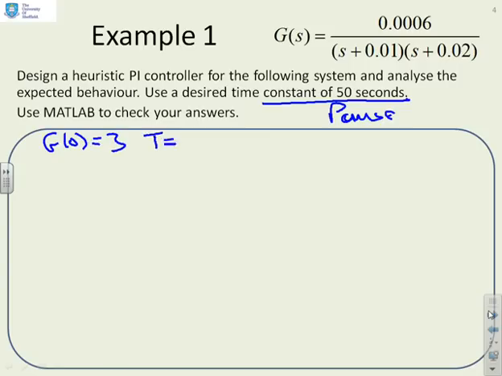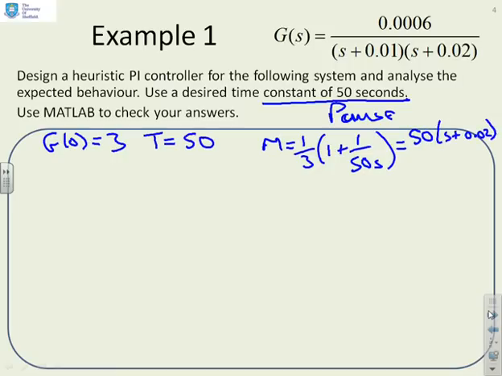We're given that T equals 50, and therefore the heuristic design is going to be M equals a third into (1 plus 1 over 50s). And you can rearrange this, if you want to, as 50 into (s plus 0.02), all divided by 150s.